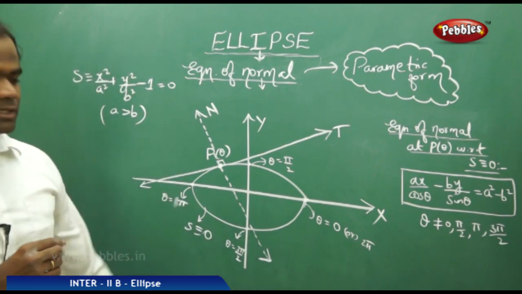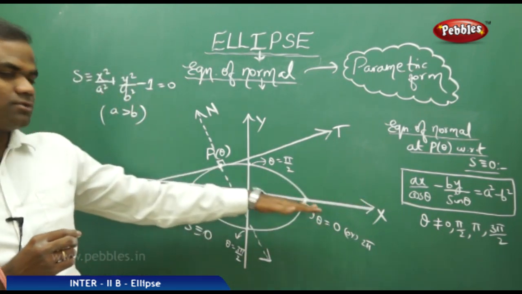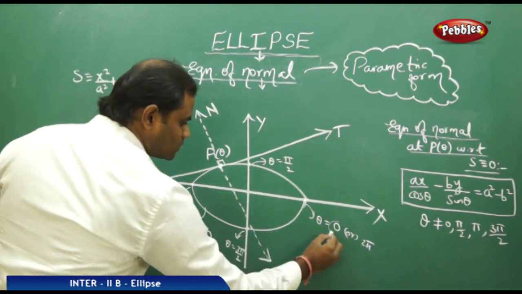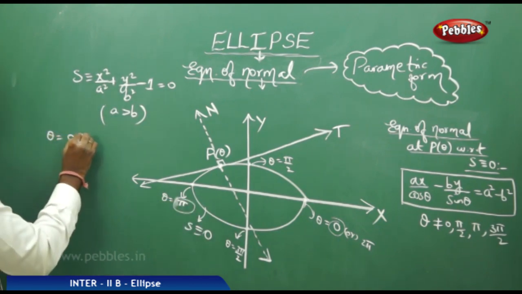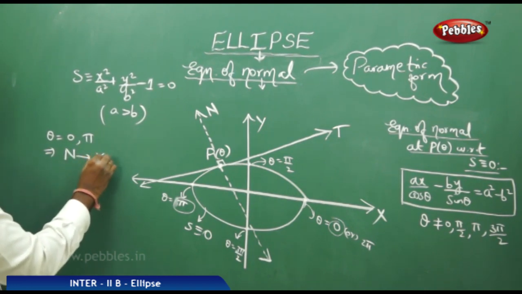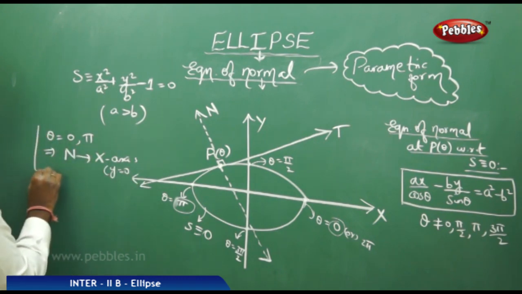Therefore clearly we see that if theta is 0 or pi, the normal is the x-axis, or y equal to 0.